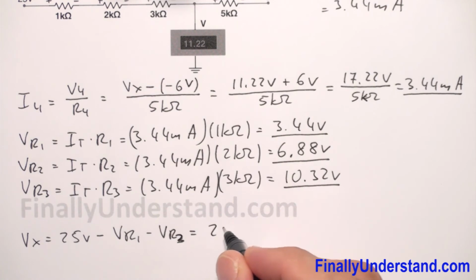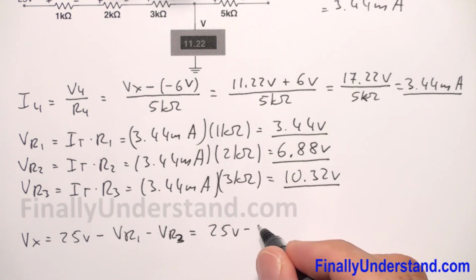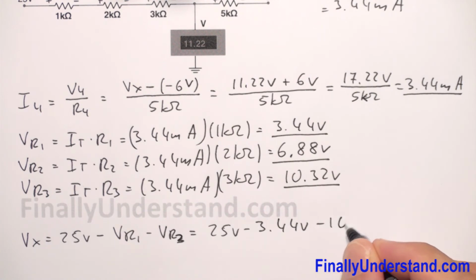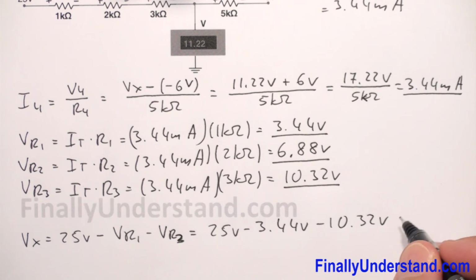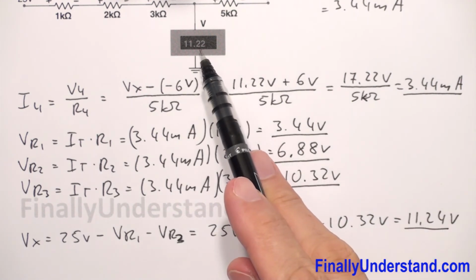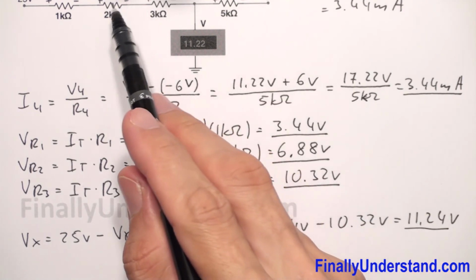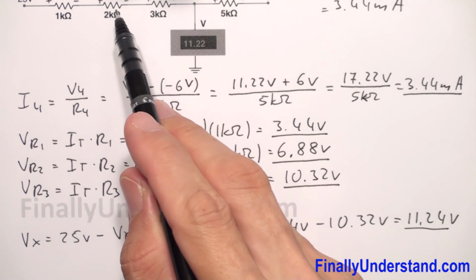So I have 25 volts minus 3.44 volts minus 10.32 volts is equal to 11.24 volts. Okay, so this is very close to whatever I'm measuring over here. So it means that my resistor R2 is short.